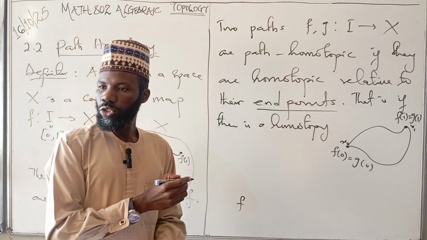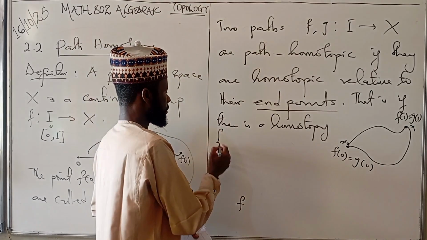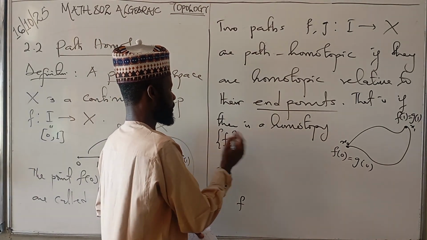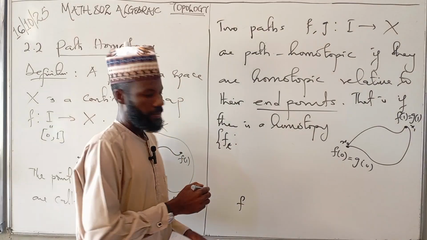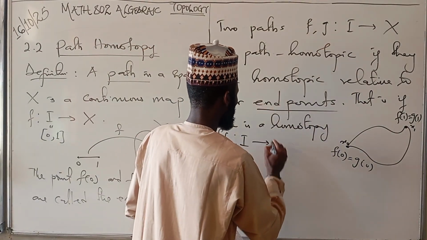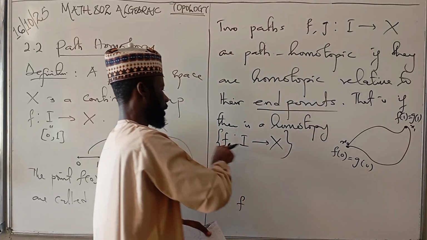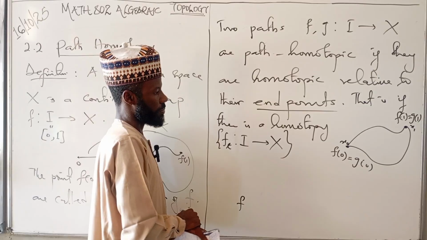what do we define to be a homotopy? A continuous family of maps. So F_t, and these maps should be from where to where? From the domain into X. So there should be a continuous family of paths, because these are continuous mappings.